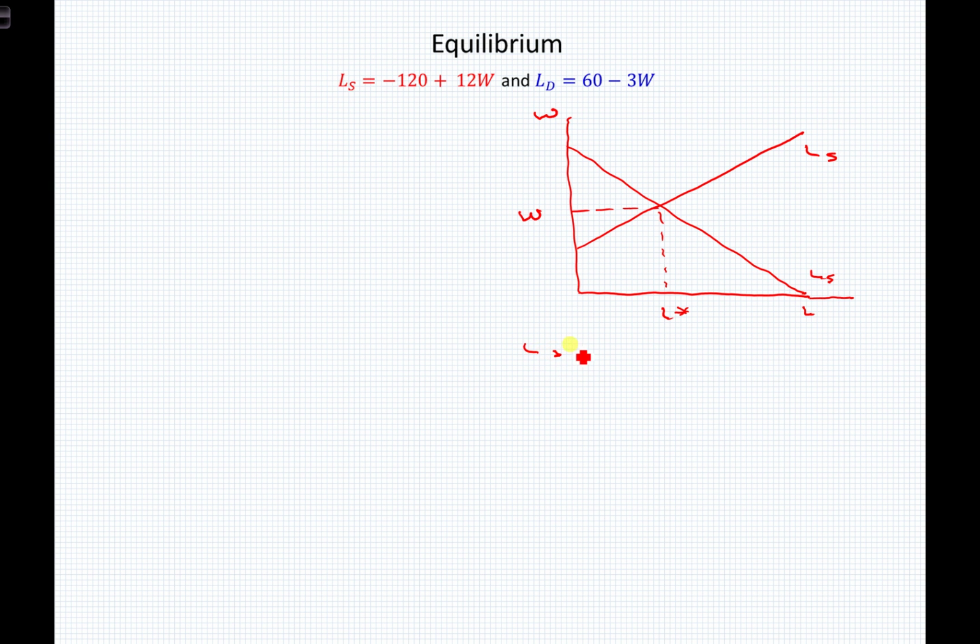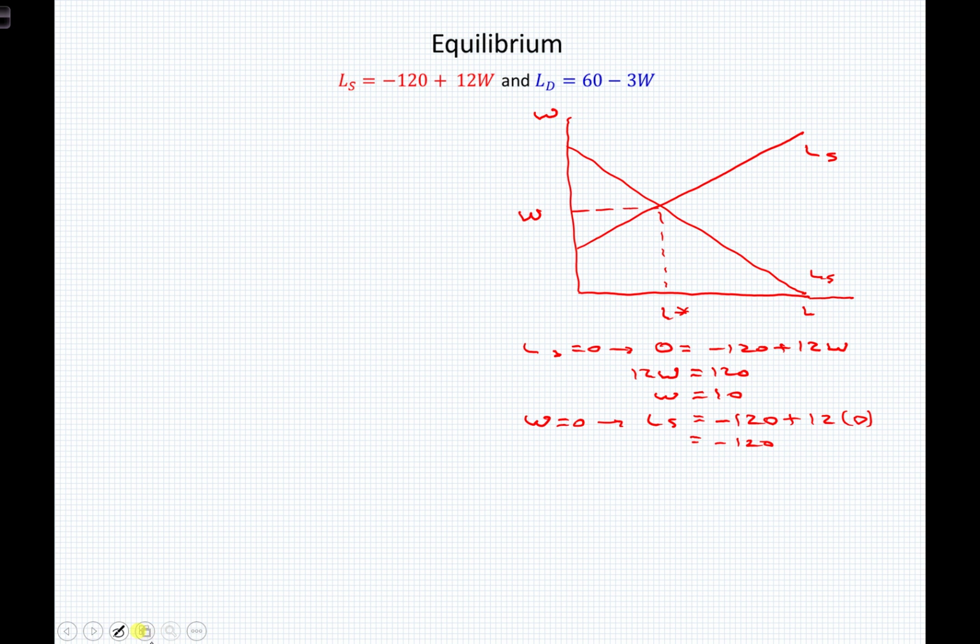When labor supply equals 0, we know that 0 equals negative 120 plus 12W, or 12W equals 120, or W equals 10. Or when wage is equal to 0 in this labor supply relation, then we have labor supply equals negative 120 plus 12 times 0, which of course is simply negative 120.